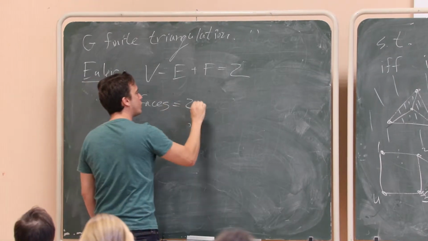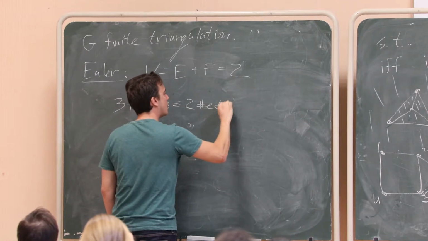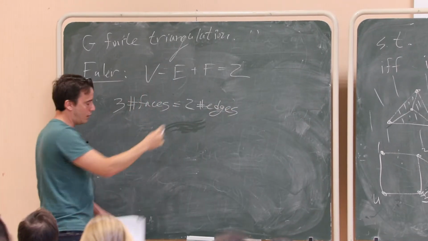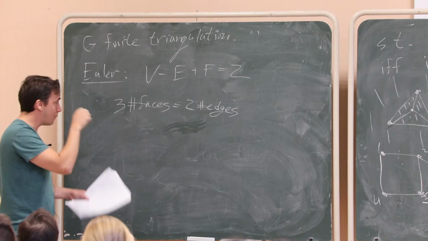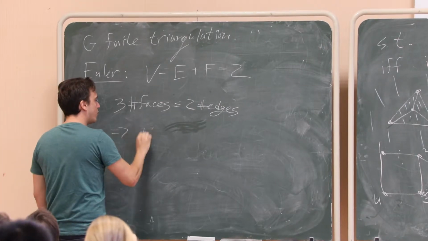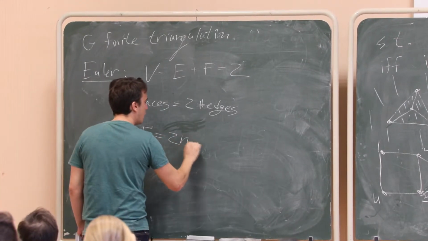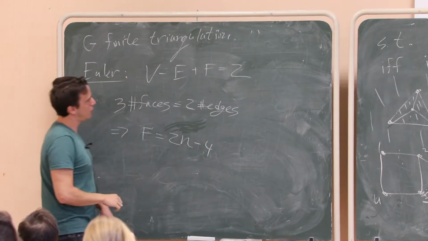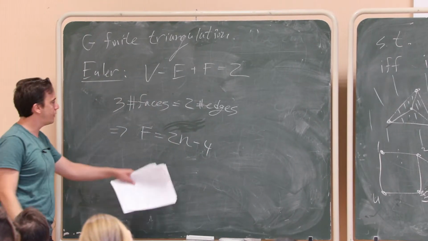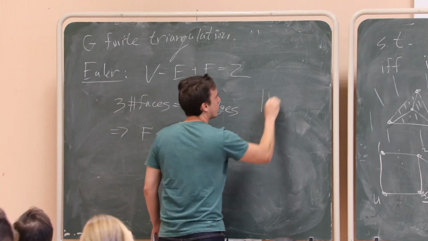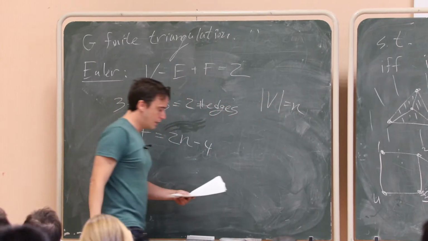So 3 times the number of faces equals 2 times e, and from this, by Euler's formula, we immediately get that the number of faces is 2n minus 4, where n is always going to be the number of vertices.